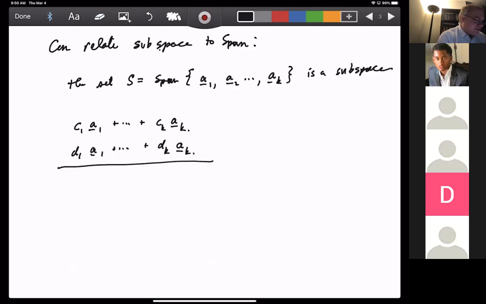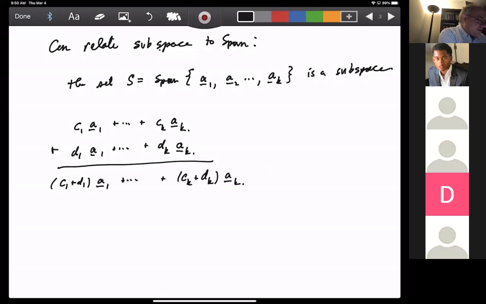If I add these up and group them by the vectors involved, clearly scalar C1 plus scalar D1 is just another scalar.